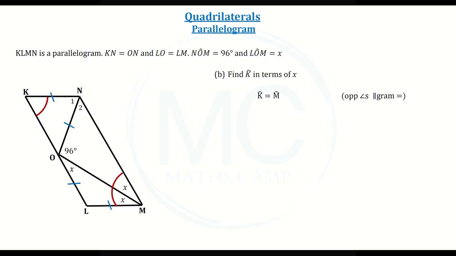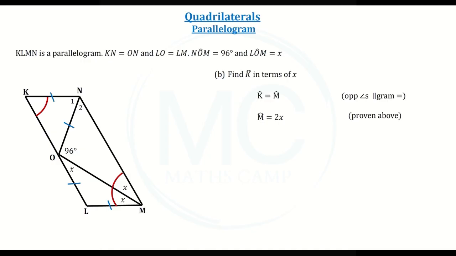Now, angle M, the whole angle, is made up of X and X. So we can see that angle M is equal to 2x. We found this in part A. We don't need to prove it again. So as our reason, we simply say proven above.